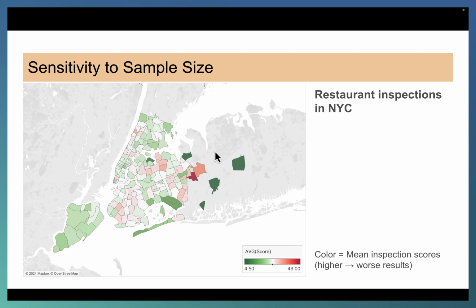There must be some really amazing restaurants here, super clean, right? And then I would say, oh, but there's a region here that tends to be quite bad. What is going on in these regions? Lots of problems in there. Okay. The reality is that these trends are not reliable at all.